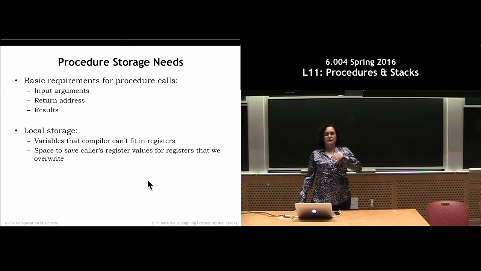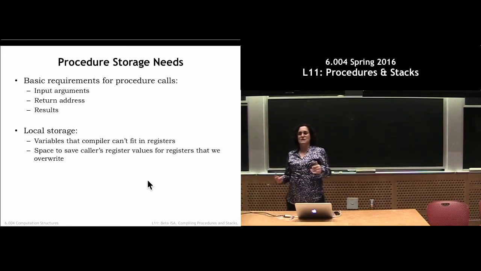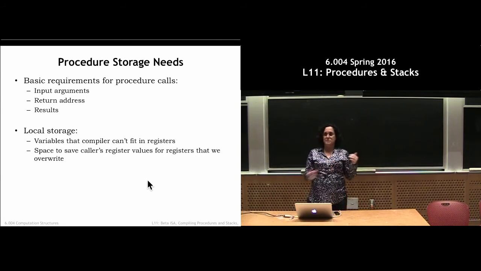So while I'm computing things, it's not necessarily okay for me to just assume I can use my 32 registers, right? It might be the case that whoever called this procedure is expecting a value to stay put in one of those registers, if not in all, right? So what we want to do is make sure that we have a way to save that information. So how might we do that?